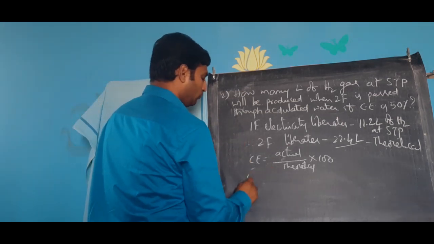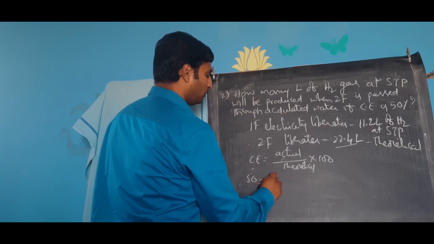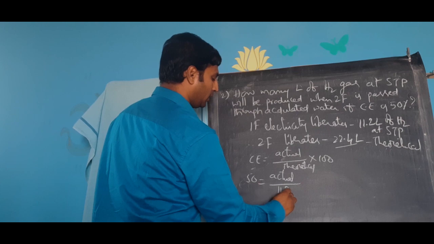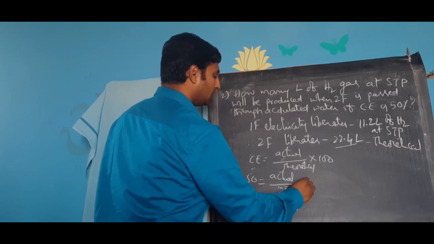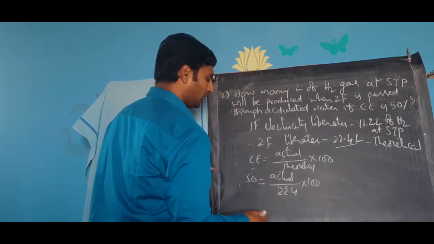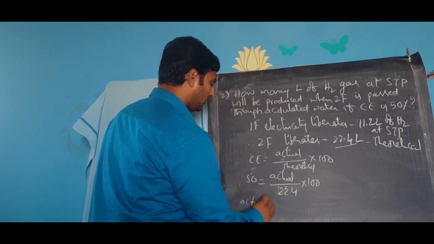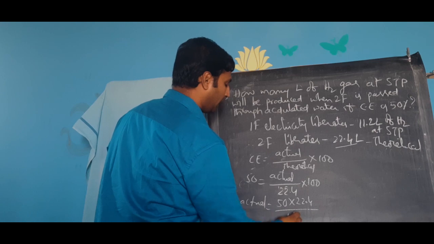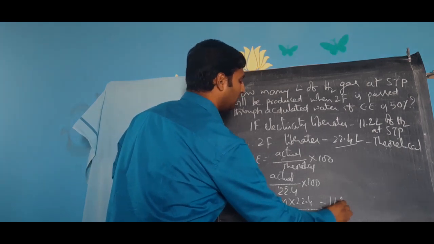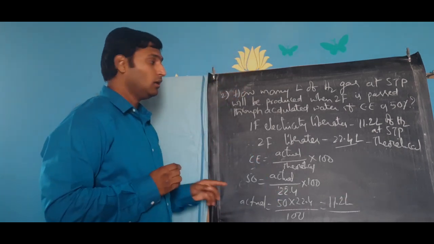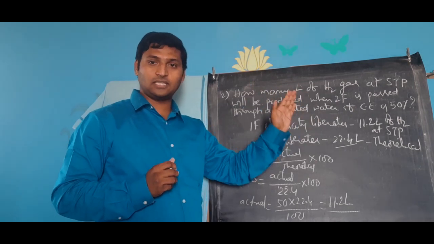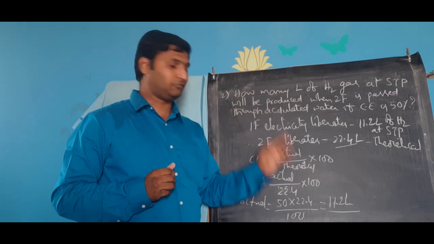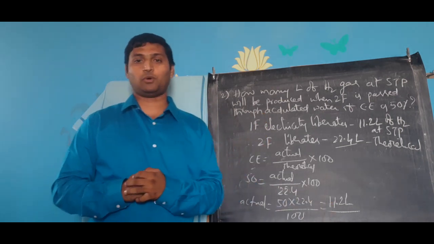So 50 is equal to actual yield divided by 22.4 liters, that was the expected yield, into 100. Therefore, actual yield will be 50 into 22.4 by 100, that will give you 11.2 liters. So if it were 100% efficient, it would have produced 22.4 liters. Because it is just 50% efficient, it has produced 11.2 liters.